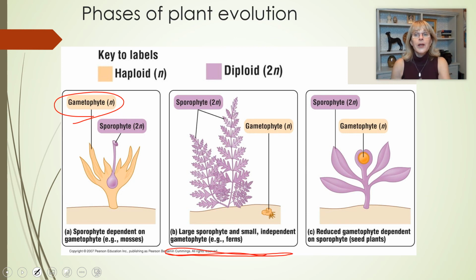We get the development of a vascular system that changed everything. And now the dominant generation from here on in is sporophyte and is diploid. But we still have these separate gametophyte organisms that are very much like the ancient liverworts and hornworts. And the new generation of sporophyte will grow right out of there.